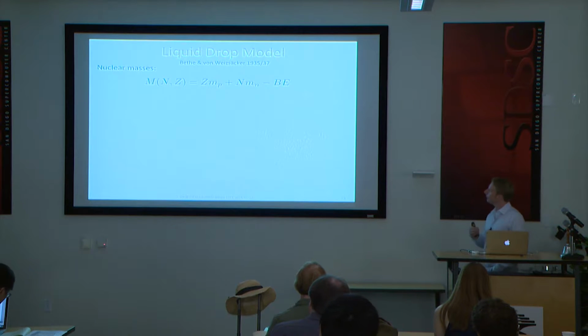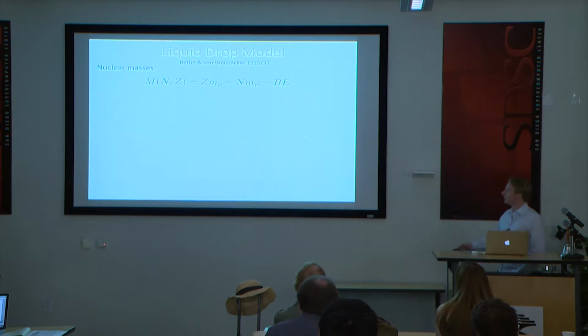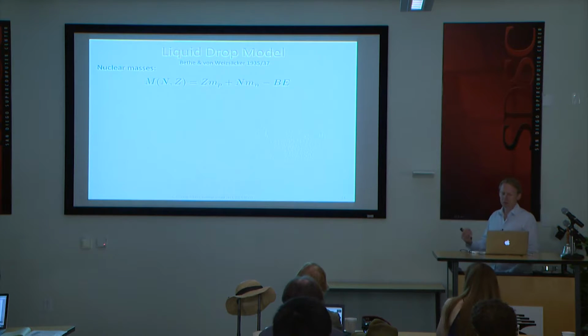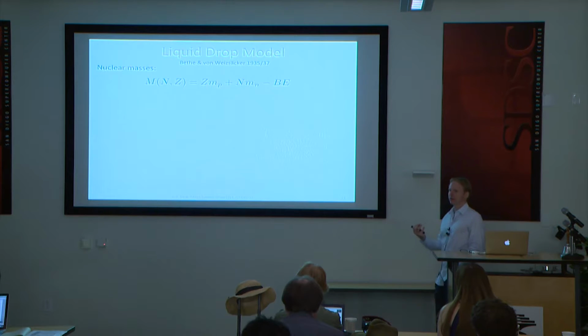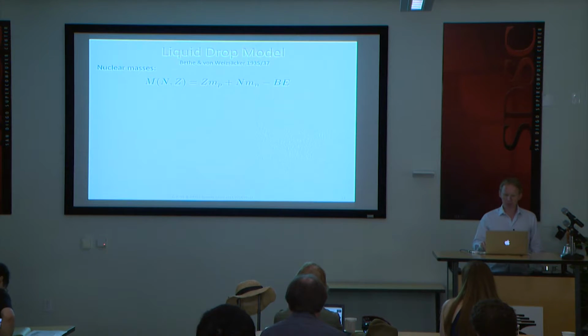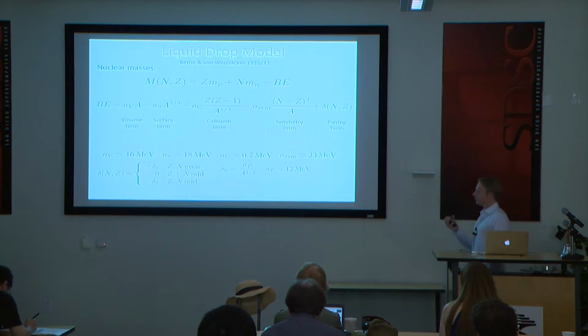I want to talk a little more about the liquid drop model because it's so important. In the liquid drop model, the masses of nuclei are just the masses of the constituents minus the binding energy, right? So the nucleus, because it's bound, is always lighter than the sum of its components. Then you parameterize this binding energy with various phenomenological terms, which are modeled after the idea of a droplet of water.